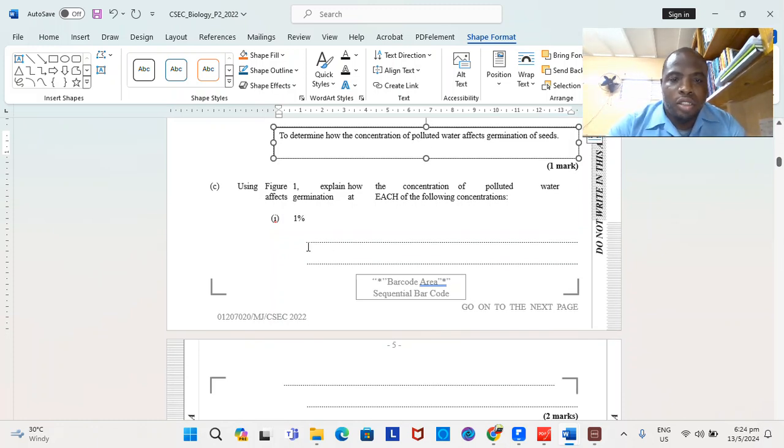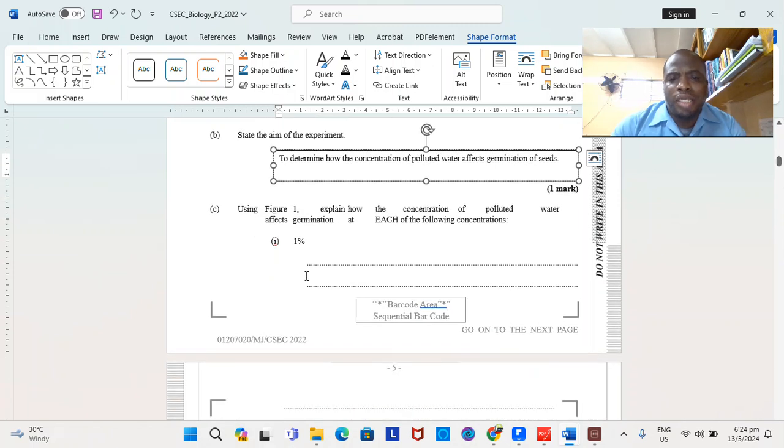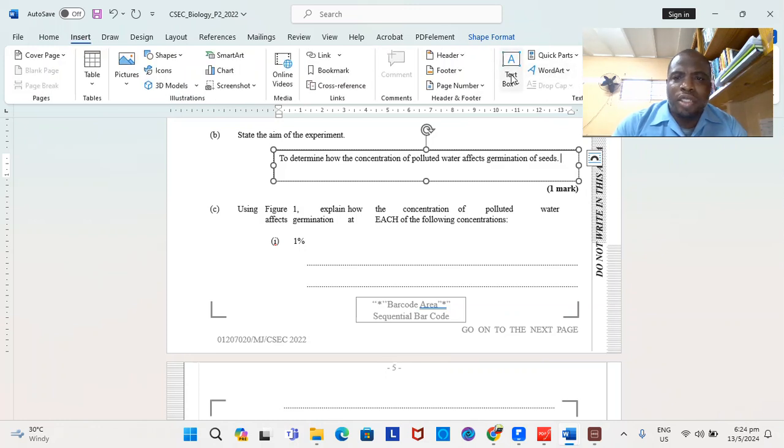Using figure 1, explain how the concentration of polluted water affects germination at each of the following concentrations. Now, remember, in total, the experiment would have utilized 50 seeds. So when we look at 1%, which is right here, we recognize that all 50 seeds did in fact germinate. So what would we say about the percentage right there? How did this concentration, did it affect germination?